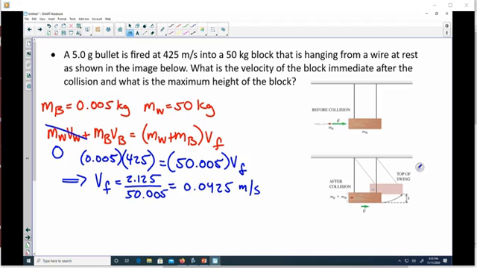We can now use energy conservation, knowing that all of this kinetic energy will transfer to potential energy at the top of the swing, to solve for h.